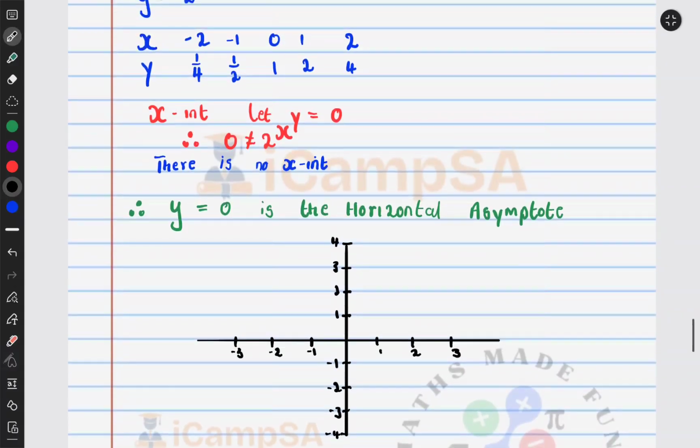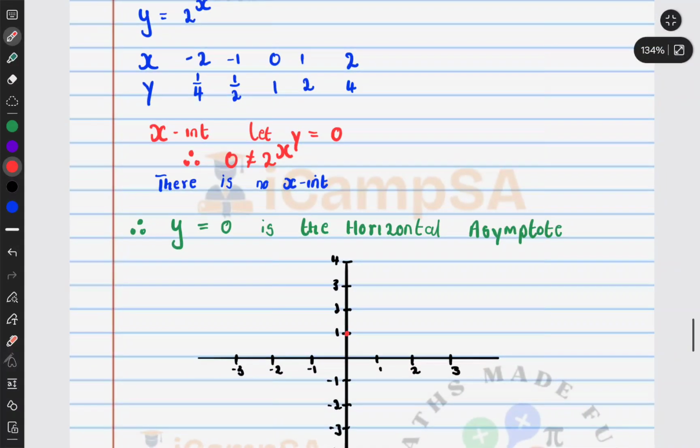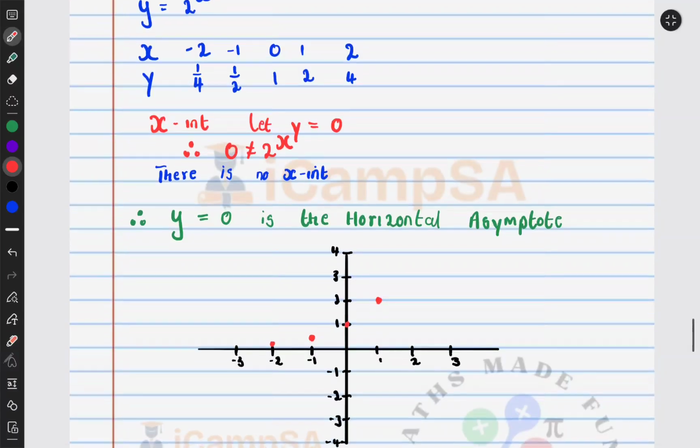Let's plot the points. We have the y-intercept there at 0 and 1, and then we have -1, 0.5, so it's about halfway there, and then we have -2, 0.25, so a half of a half will be there, and then we have 1 and 2, and 2 and 4.